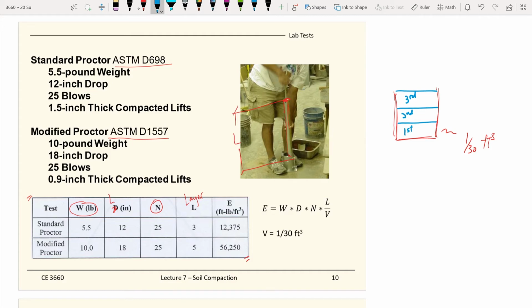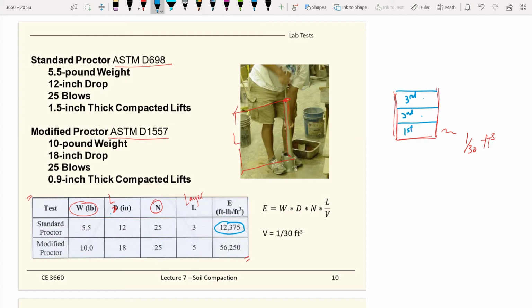So first layer 25 times with the 5.5 pound hammer, and each drop is 12 inches. So 25, 25, 25, 3 layers of 25 blows for the standard Proctor. All this information gives you the amount of energy you put on the compaction mold for the standard Proctor.